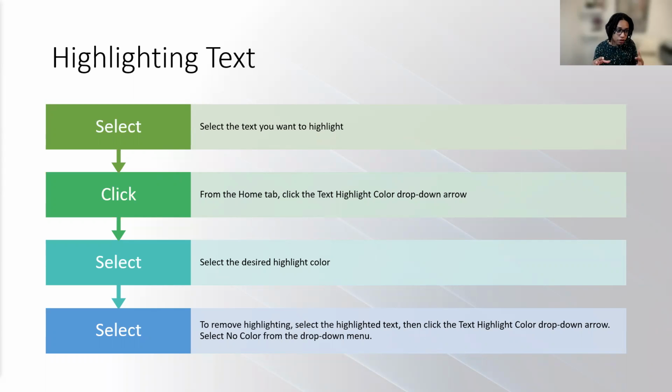So again, you'll click the text highlight color drop-down arrow and select your desired color. There are a bunch of them to choose from. And then once that item you've forgotten or you haven't gotten to yet, you've completed it, you can take away the highlight as well.